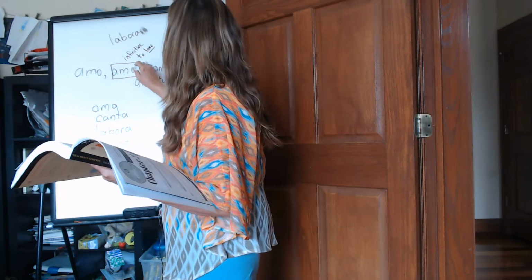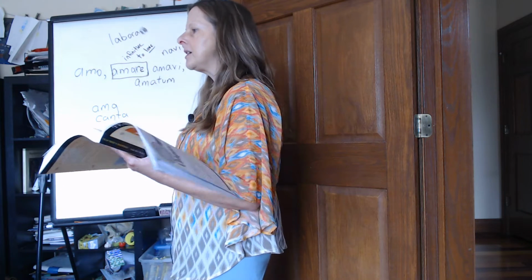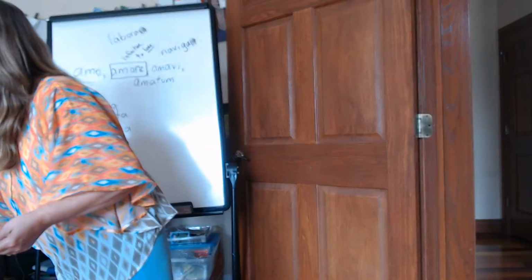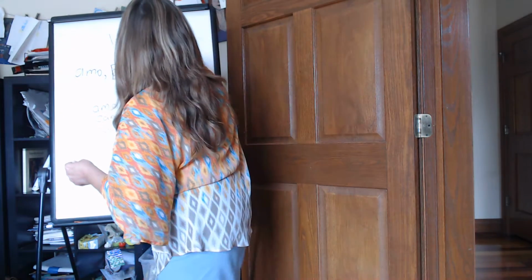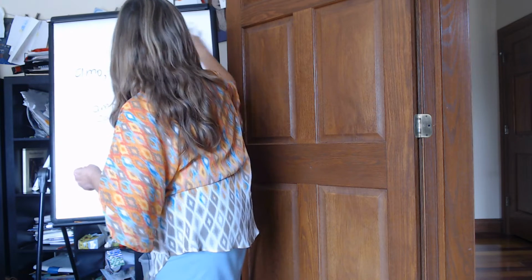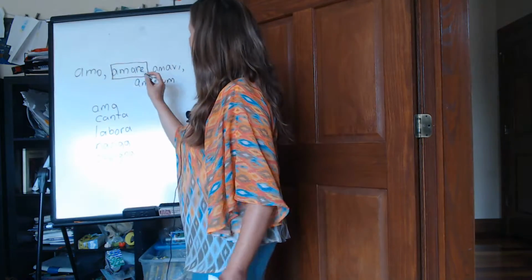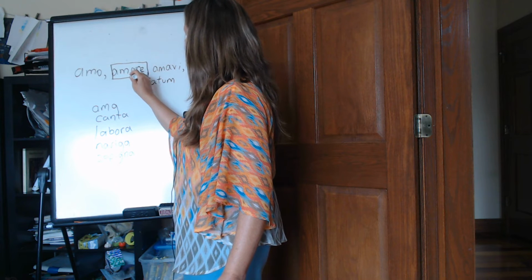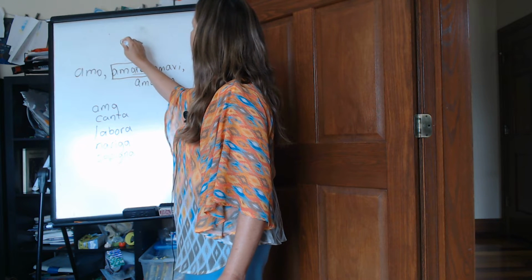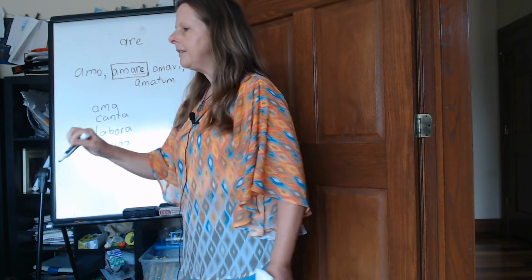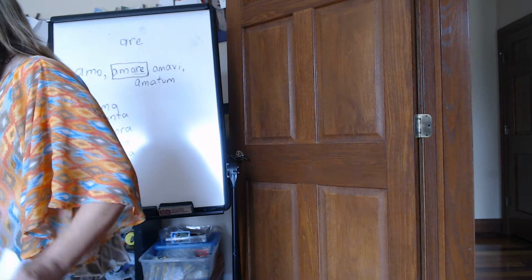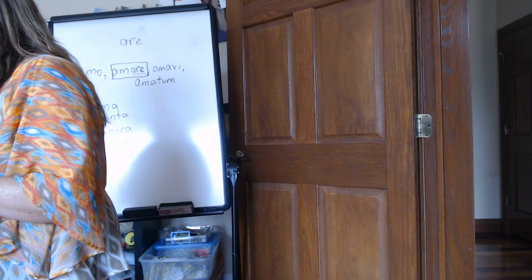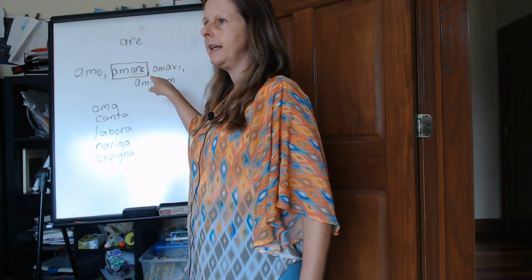Another important thing that the second principal part does for us is it tells us what conjugation a verb is in. Let me get rid of some of my mess here. When we look at the infinitive, we see the last 3 letters are A, R, E. And if you look on page 10 in your book, the second principal part of every single one of these words ends in A-R-E.